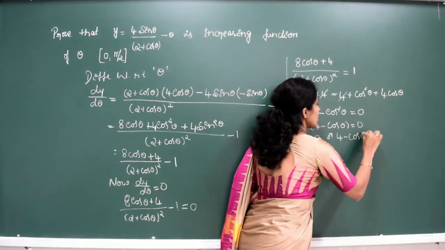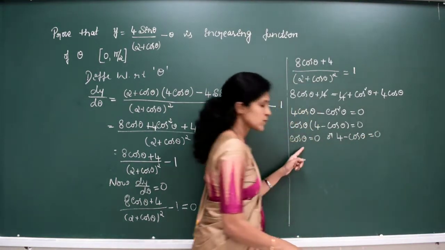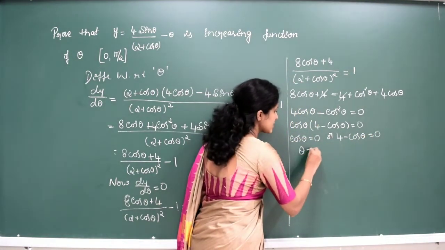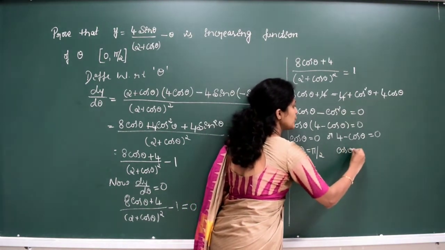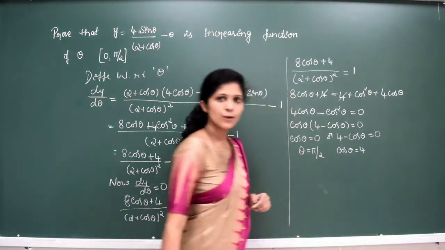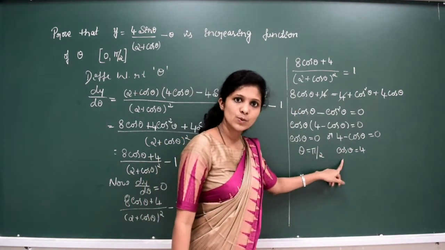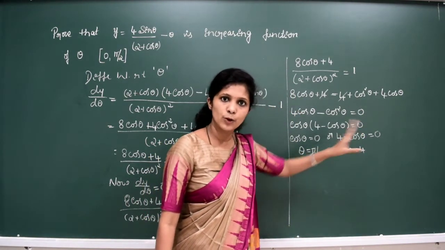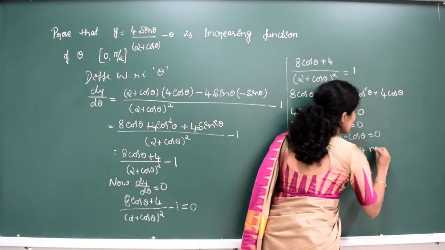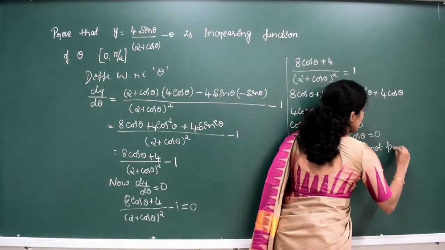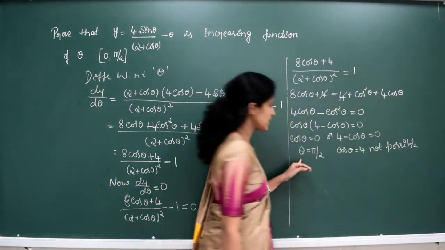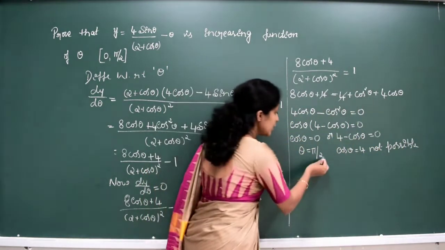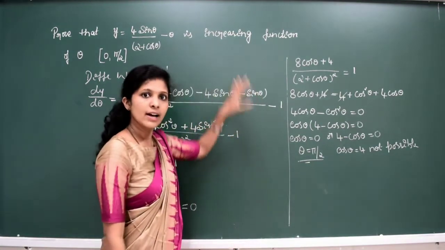So I can write the value of theta is equal to pi by 2, or cos theta is equal to 4. But the range of a cos function is between minus 1 to 1. So cos theta is equal to 4 is not possible. Is it clear? So the value of theta should be equal to pi by 2. Pi by 2 means it will be the end point.